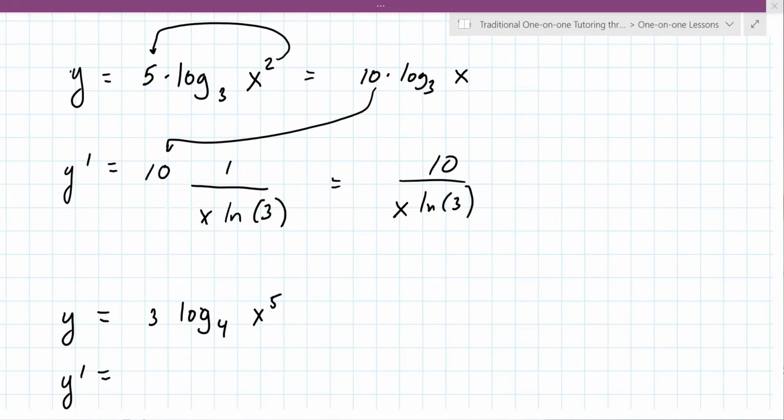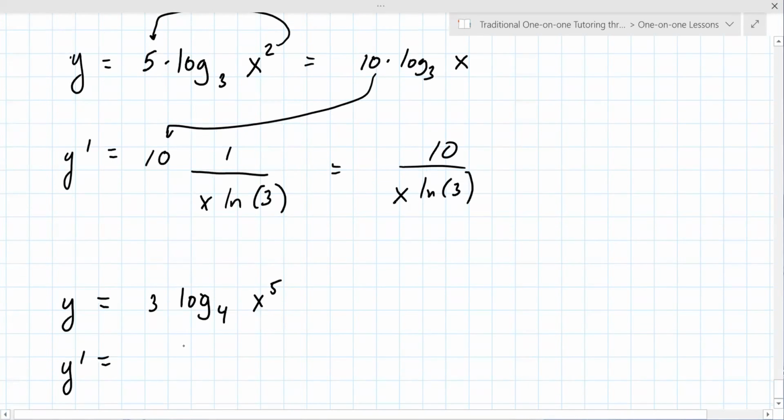How are you doing on that? I got 15 over x ln of 4.